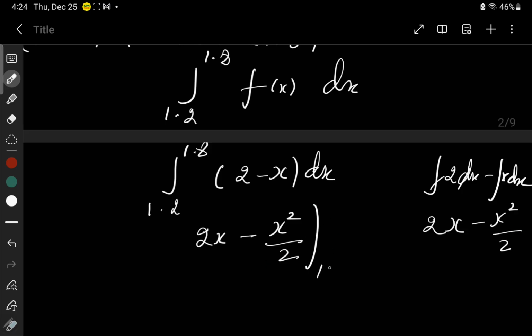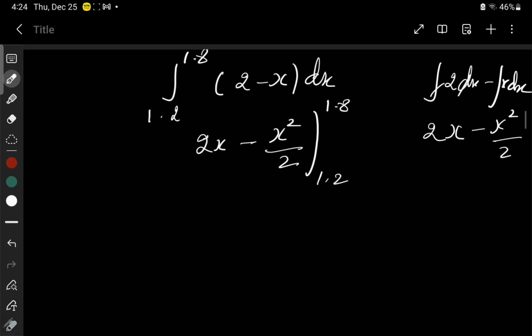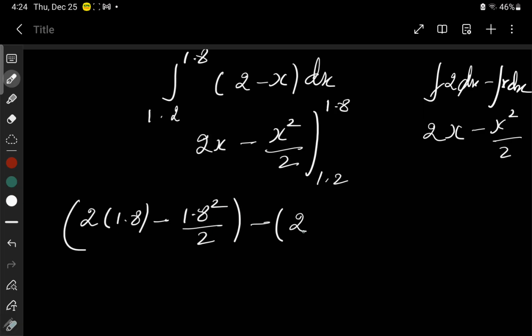Apply the limit 1.2 to 1.8. First apply the upper limit 1.8: 2 into 1.8 minus 1.8 square by 2, minus, 2 into 1.2 minus 1.2 square by 2.